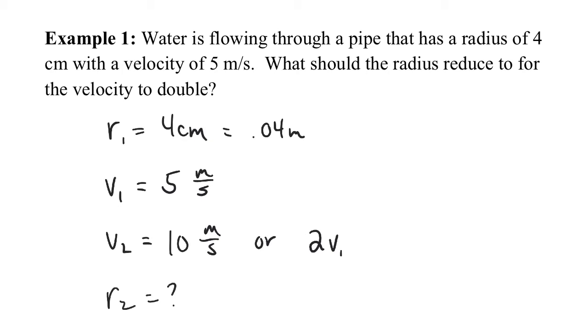See how I'm writing this, by the way? I can write 10, or if I want to be fancy and use a little bit of general solutions, I can write double V1, because the problem said it doubles V1. So I can literally replace V2 with 2V1, or I can just put a 10 in its place. Either one is fine. My equation for this is the following.